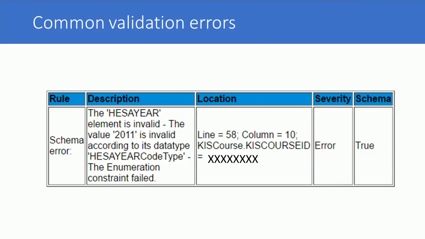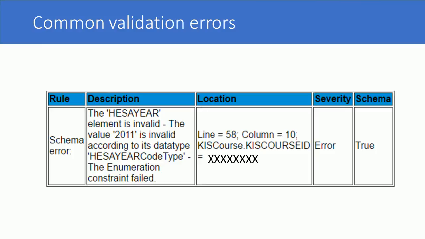Okay, so for this example, this is actually a schema error, and in this case, the results package won't produce a validation to HTML, as this means that the process didn't actually make it this far. So for this example, it doesn't actually recognise the year 2011 as a valid ILR year or HESA year.